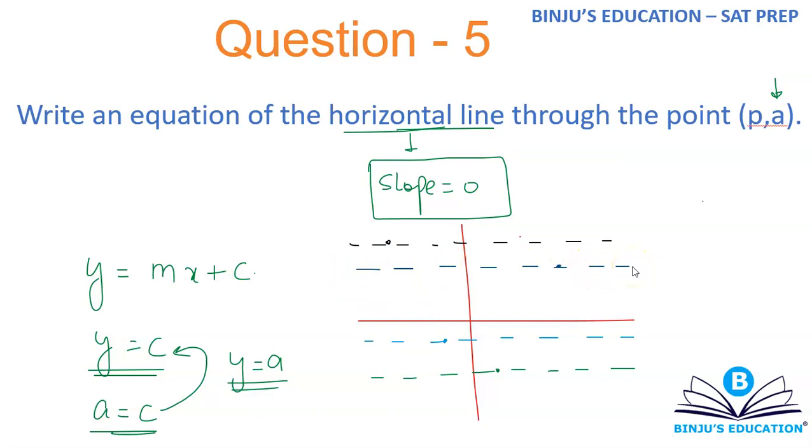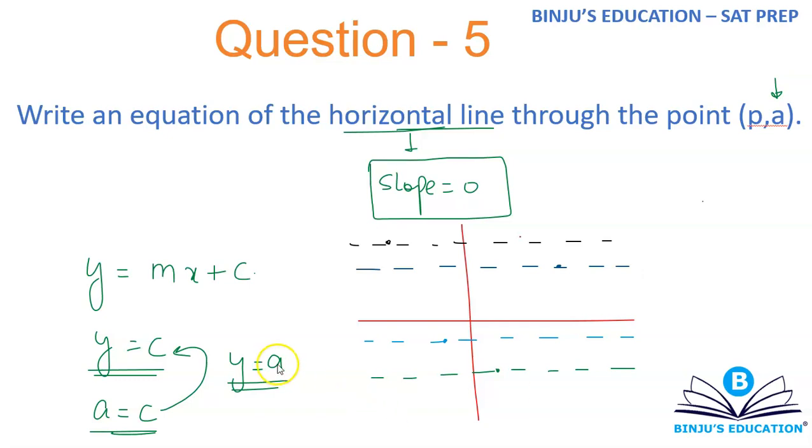Now observe, take the case of any of the four lines. Observe one thing: the y coordinate is not changing, guys. Because if the line is horizontal, then the perpendicular distance of the point from the x-axis will not change. So the y coordinate of the line is not changing.